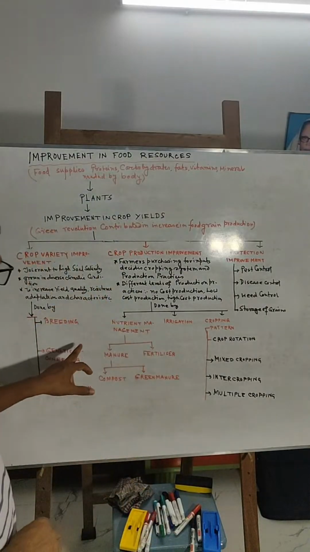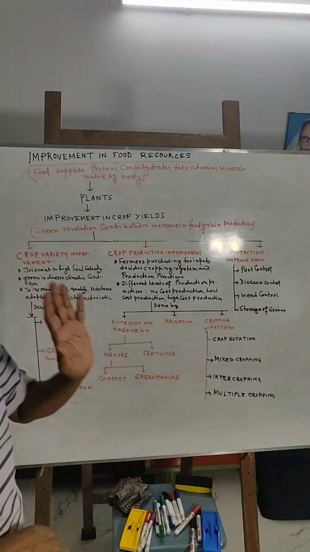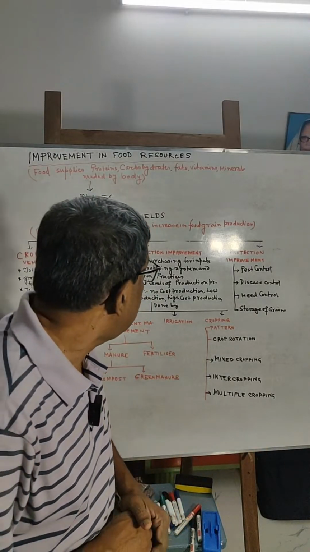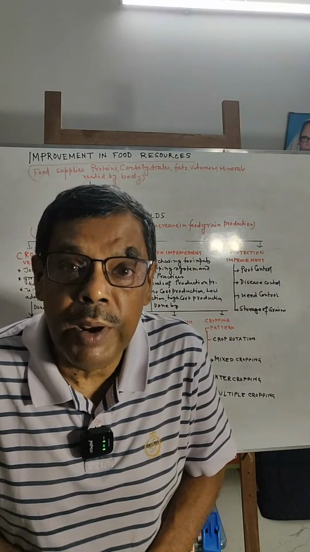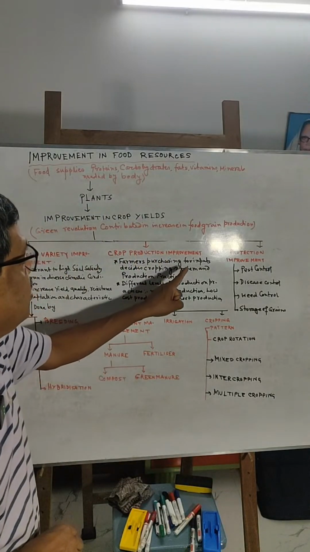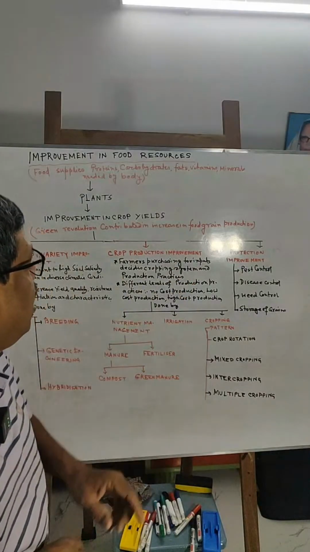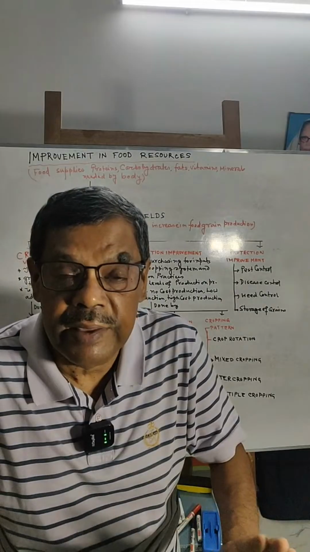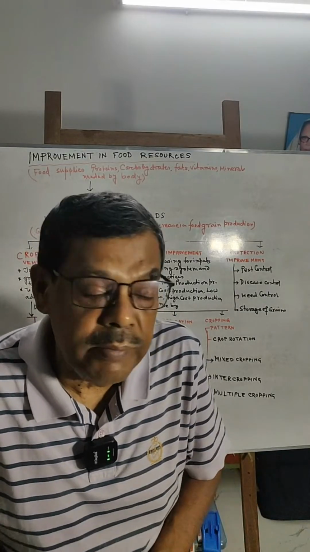Next, crop production improvement. Crop production improvement depends on the farmer's purchasing for inputs, which decides cropping system and production practice. That is, the production practices depend on the condition of the farmer.